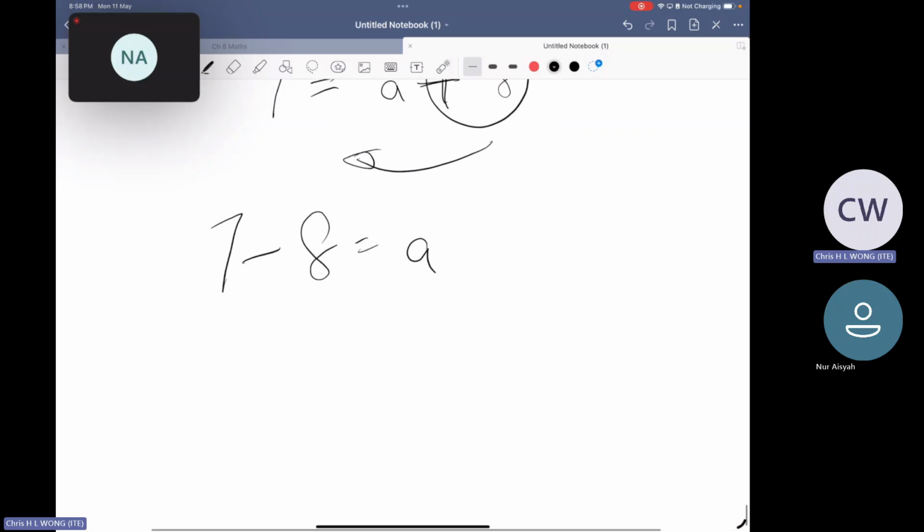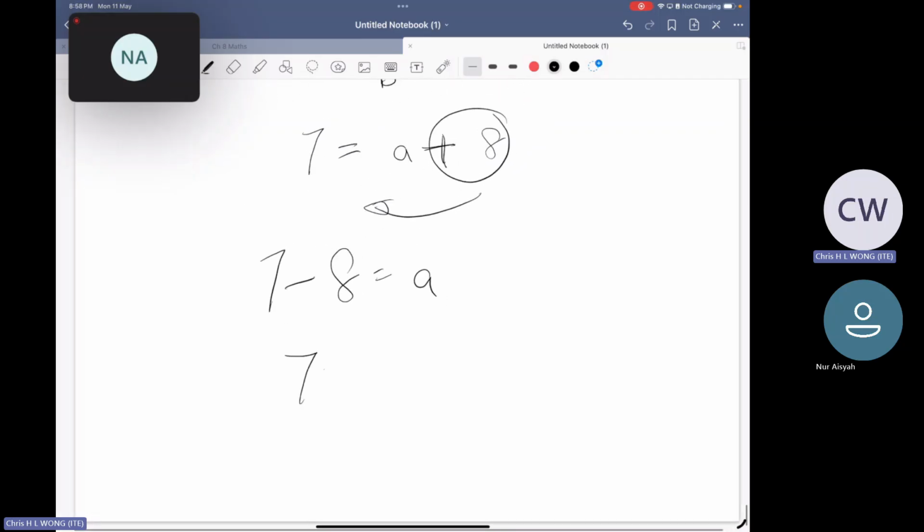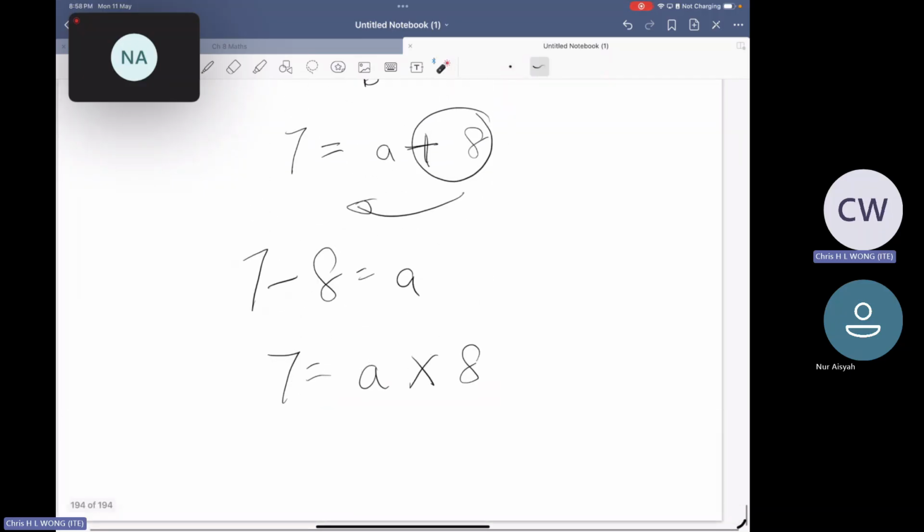But if I have 7 equals to a times 8, now you can cross multiply. You just bring 8 over. Become 7 over 8 equals to a. Times, you can cross multiply. Plus, you just bring over. Become plus, become minus.